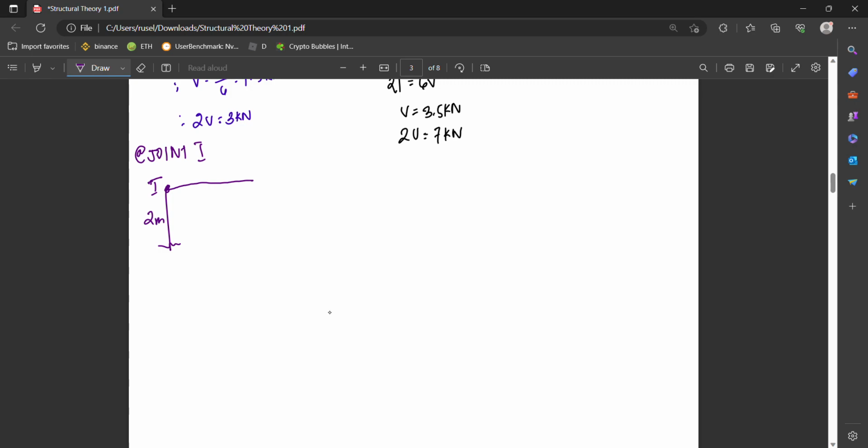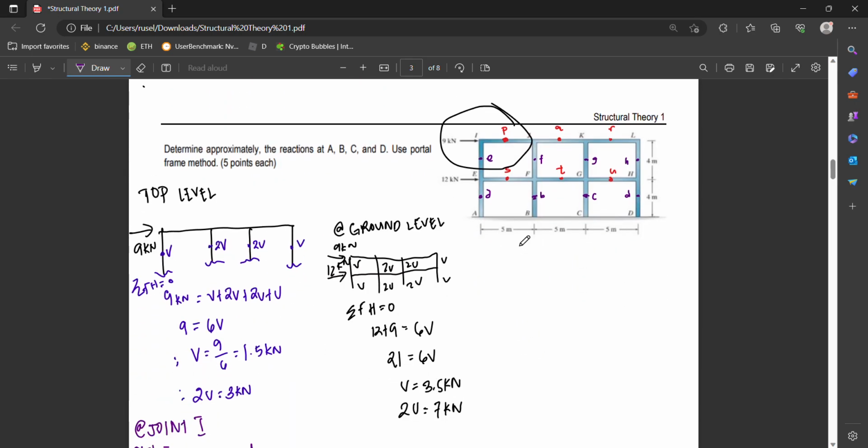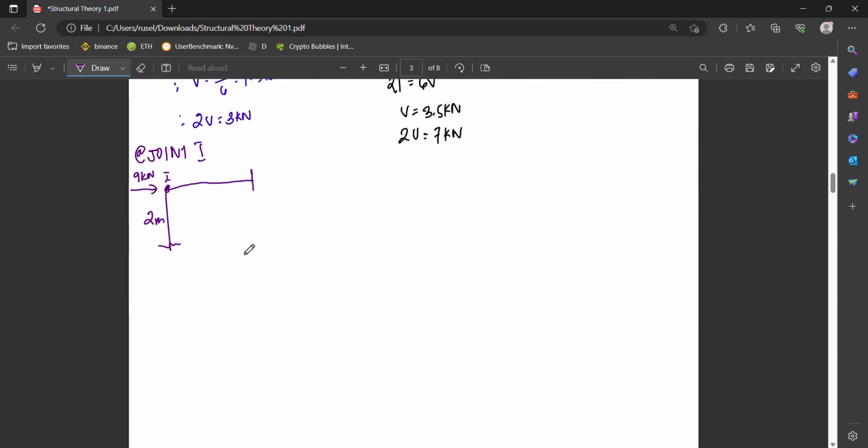Then you have your 9 kilonewton here. Then we divided this from here to here. This is 5 meters, so divided by 2 it becomes 2.5 meters. Then you will have the shear BP and your NP, okay?